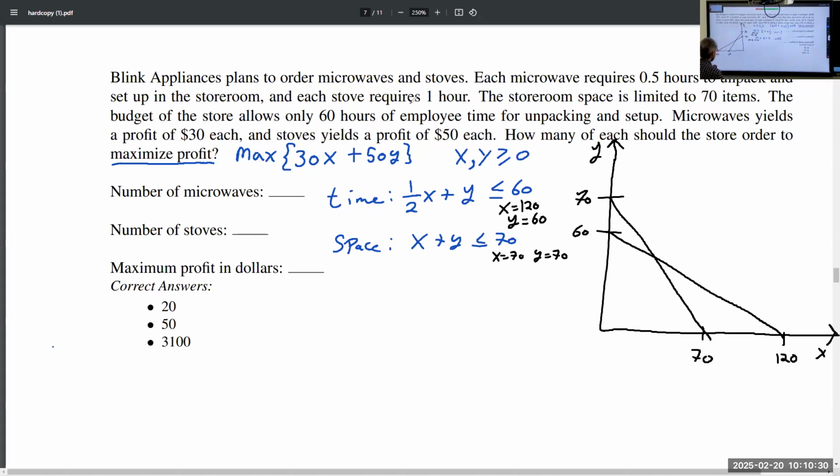And we need to find where we are on this graph. Does 0, 0 work? It seems like it does. If I plug in 0, 0 here, 0, 0 is a solution. 0 is less than 60. 0 is less than 70. Seems like we're going that way. So I think we're stuck in that little region there.